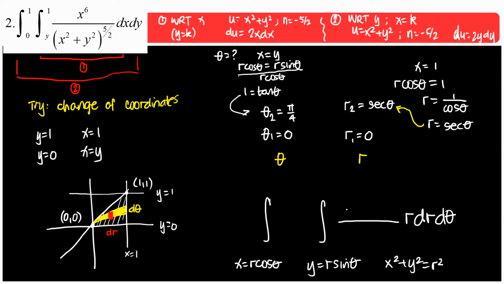So x raised to 6 is r to the 6 cosine to the 6 theta. And then x squared plus y squared is r squared raised to 5 halves, right? So the first set of limits are limits of r. So the radius is from 0 up to secant theta. The next set of limits are for the theta from 0 up to pi over 4.